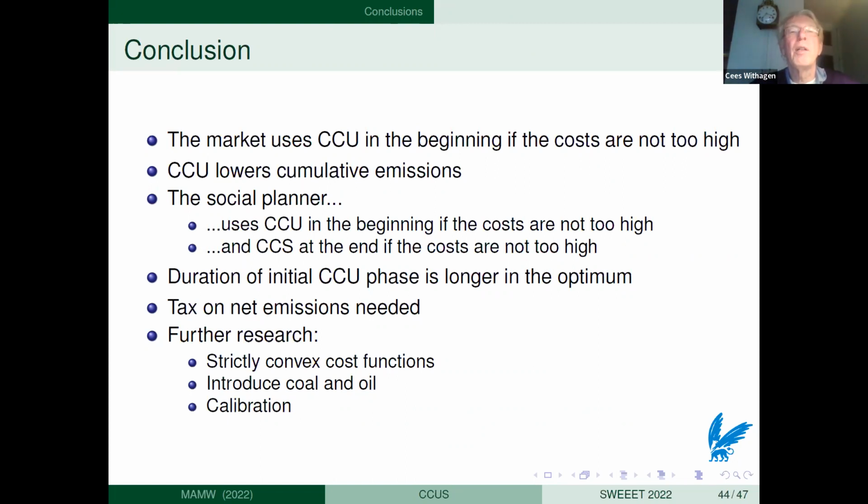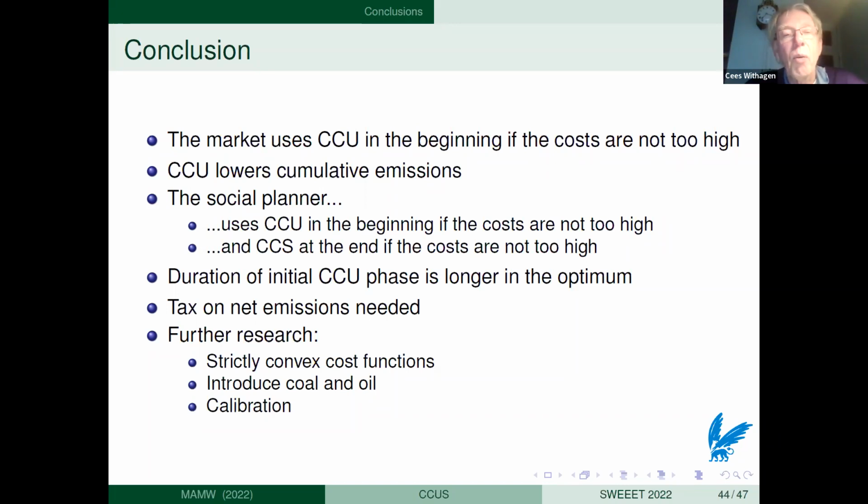CCU lowers cumulative emissions, so that's nice in both cases. The social planner uses CCU in the beginning and CCS in the end. And in the optimum, CCU is longer than in the market. We need a tax on net emissions in order to reach the optimum.